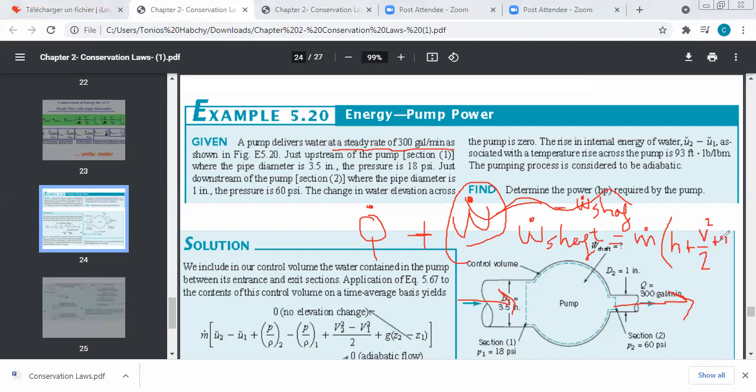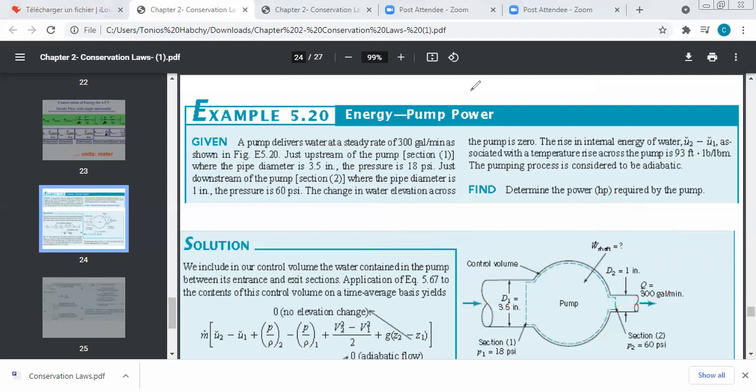First we should consider this at the outlet, so let us take m dot as a factor because m dot inlet equals m dot outlet. So we should do H plus V square over 2 plus gz at outlet minus H plus V square over 2 plus gz at the inlet. And now we will try to find what are the known parameters and what are the unknown parameters. So this is our equation.